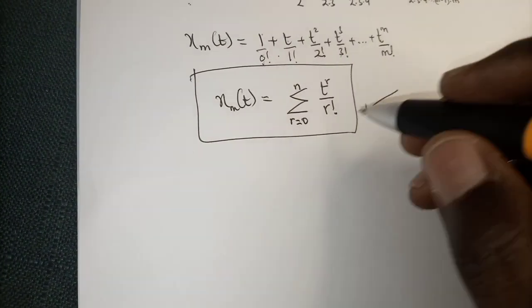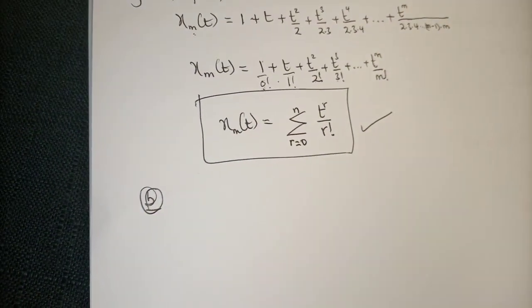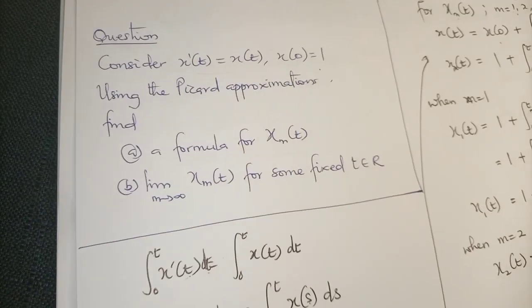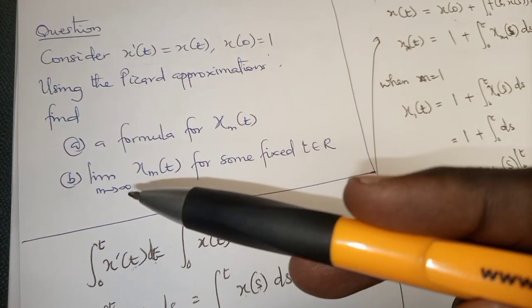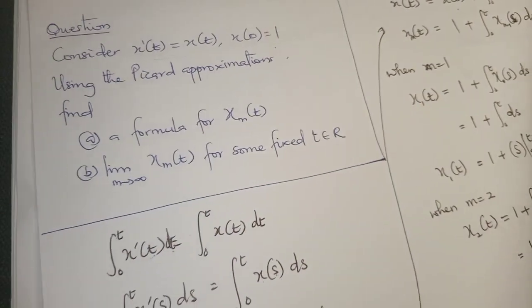Then the b, taking the limit, the b says limit of the function as m approaches infinity.